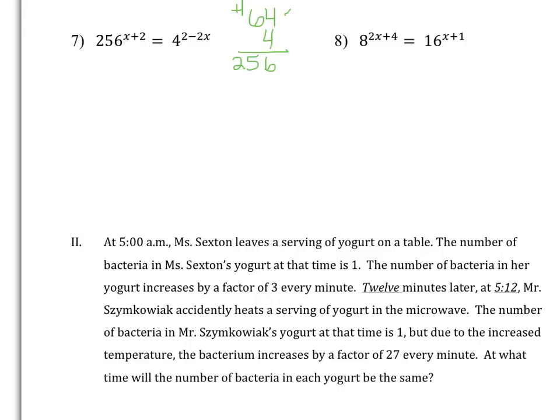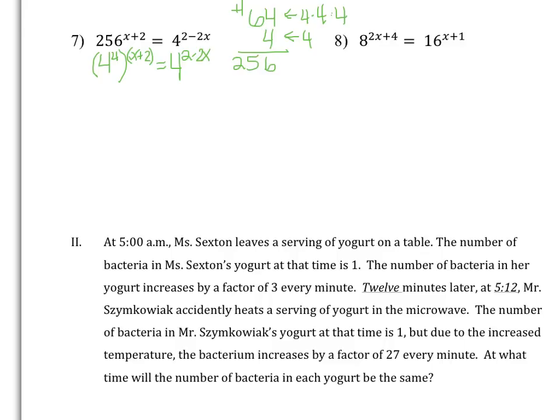So if this was 4 times 4 times 4, then with another 4, this will be 4 to the 4th to the power of x plus 2 equals 4 to the power of 2 minus 2x.